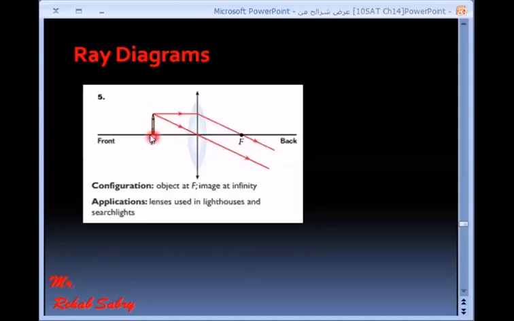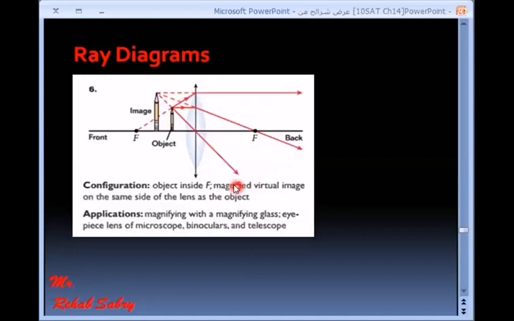If the object is at F, the image will be at infinity, so it will be a spotlight. Finally, this is a very important case, because this case represents the magnifying lens of the simple microscope.